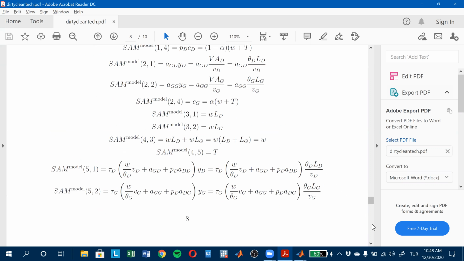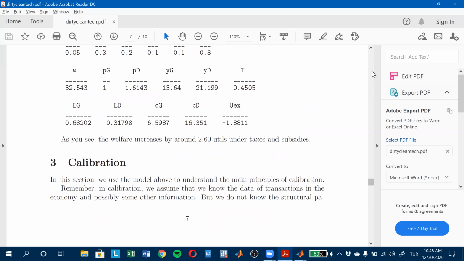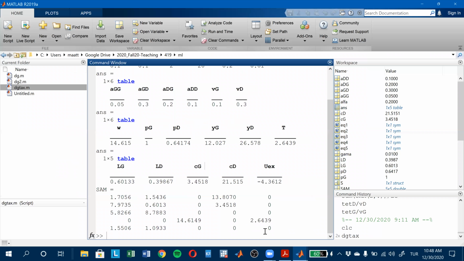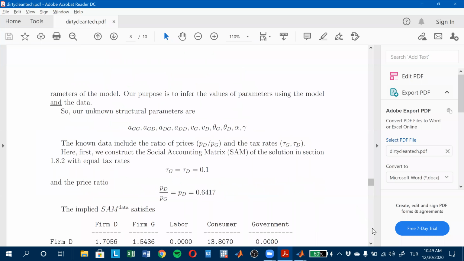Now I know these totals and I know the wage rate. So this is the theoretical SAM. This is the data SAM. Now I infer the labor market allocation in the equilibrium. Okay, so are these true? Yes. If you go back to check the values of them, they are true. I can show you here. You see, LG is 0.60, LD is around 0.4.